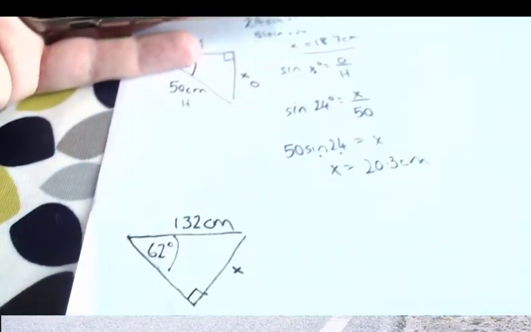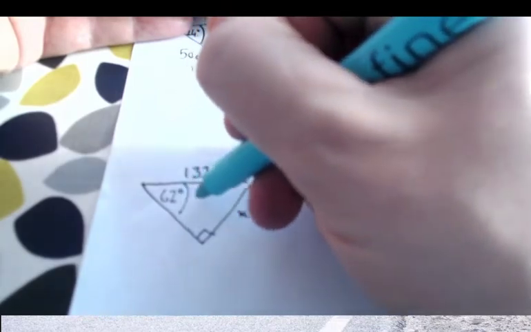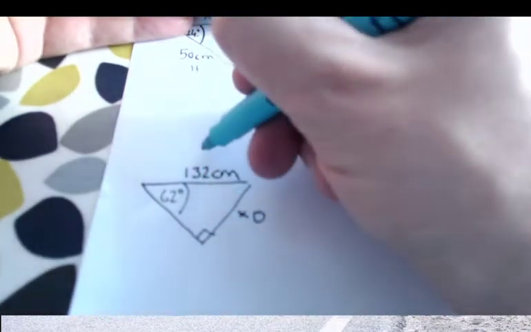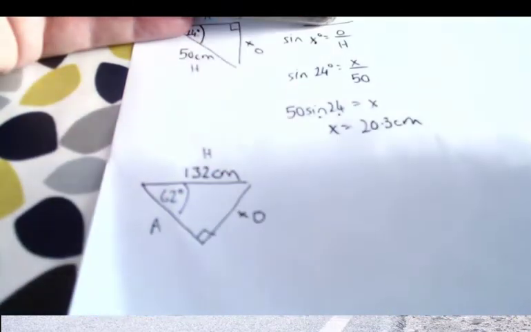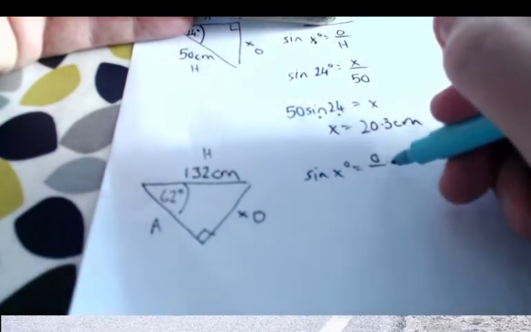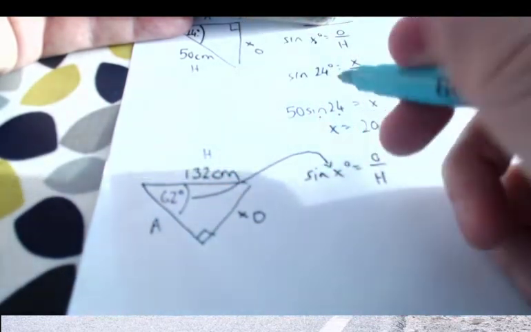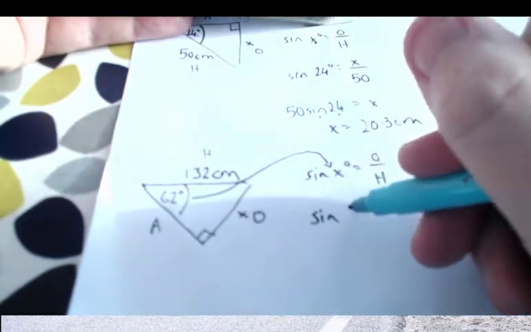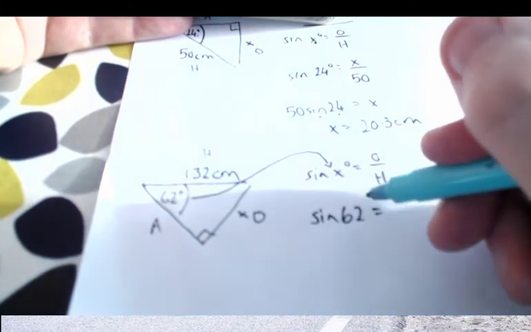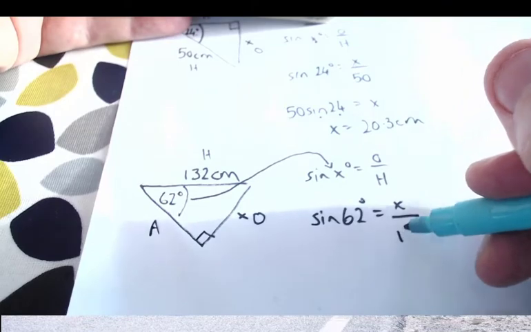And then the last one, same process. Start by labelling the sides. There's your opposite, there's your hypotenuse, there's your adjacent. Write down the rule. Fill in the information. The angle goes in here. x over 132.